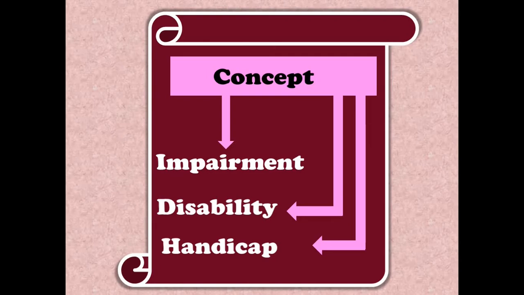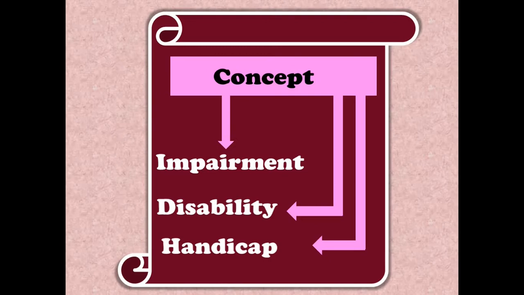When impairment results in a specific type of disability, the disability in its own turn may give birth to a specific condition known as handicap. Actually, a handicap stands for the disadvantage imposed on an individual on account of his disability. For example, some disturbances in the structural composition and functioning of the ear may be the cause of hearing impairment.